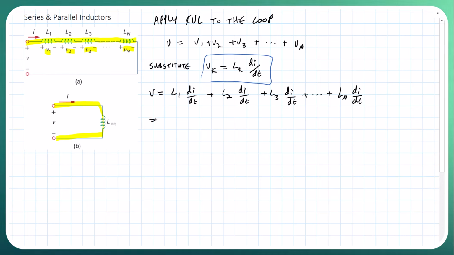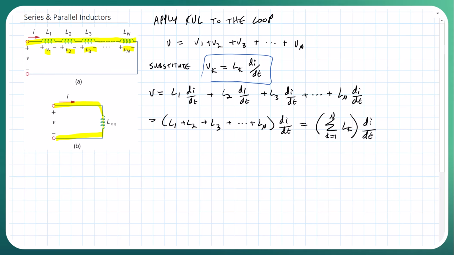We factor out the di over dt, L1 plus L2 plus L3 plus L sub n, and we can rewrite this as the sum from k equals 1 all the way up to n of L sub k, times di over dt.